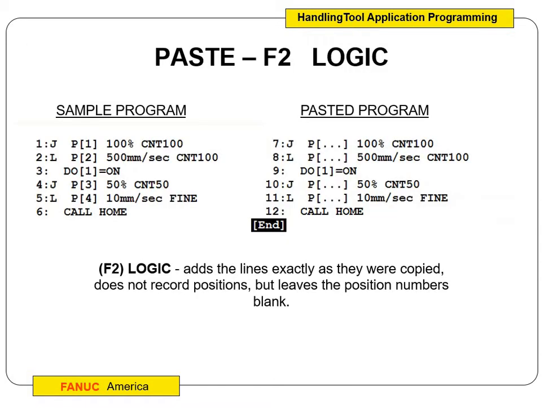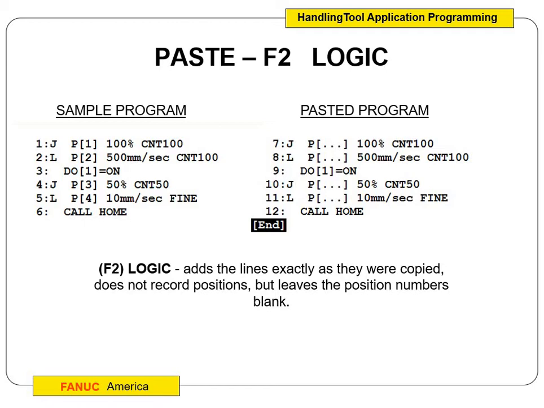Okay? So if we do a basic logic paste, so if we look at the program on the left and the program on the right, okay, it's all one program, but you can see what we did is we copied all the positions on the left. All right, so say we wrote the first 6 lines on the left-hand side of the screen here. Okay, those are the first 6 lines of code we did, and then we copied those 6 lines and we pasted it using logic.